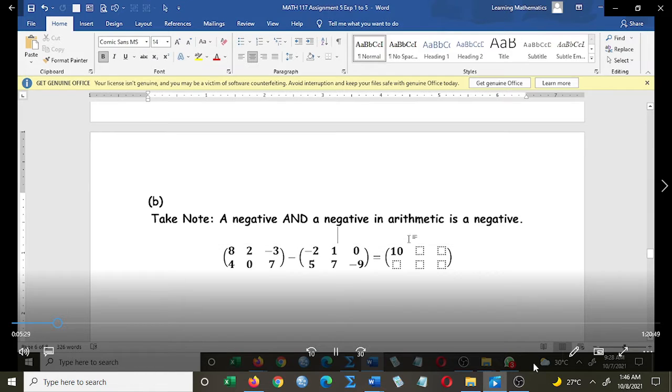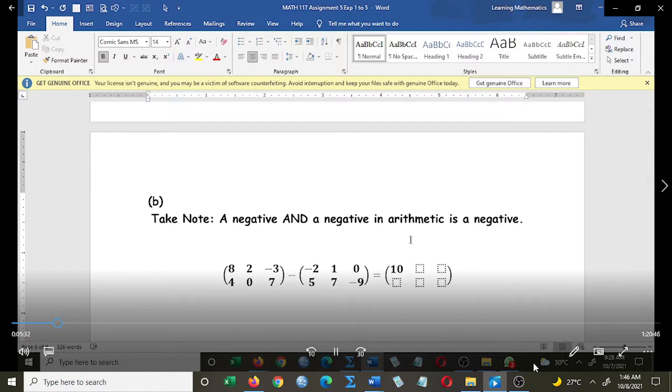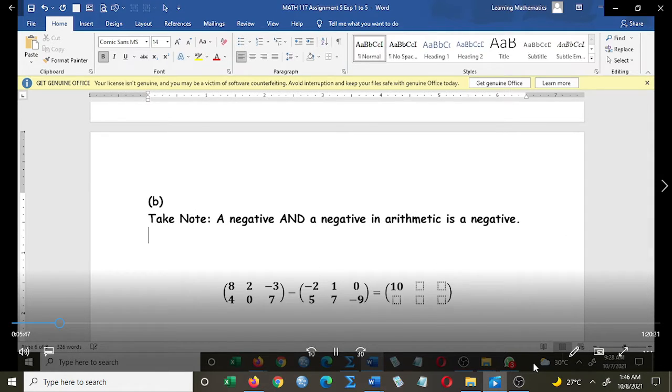Between the 8 and the 2, because it's the same signs, which is the minus, naturally it becomes a plus sign. No, sir. Look at another point.